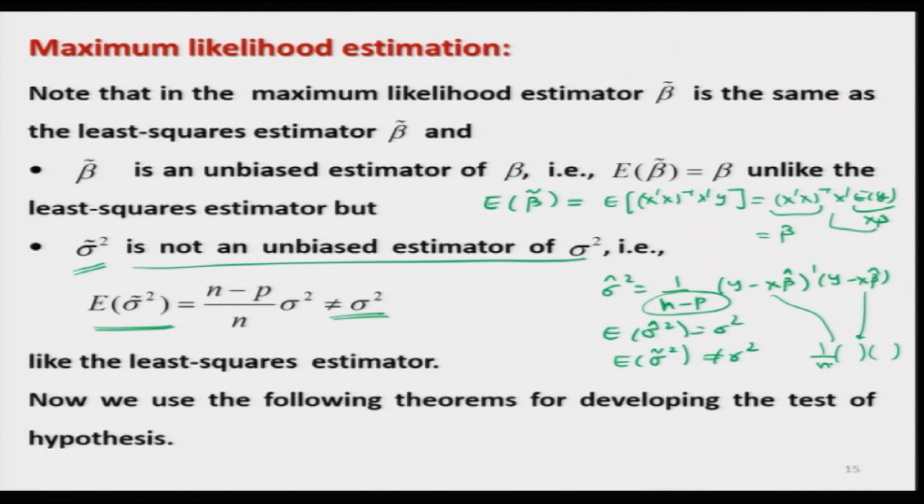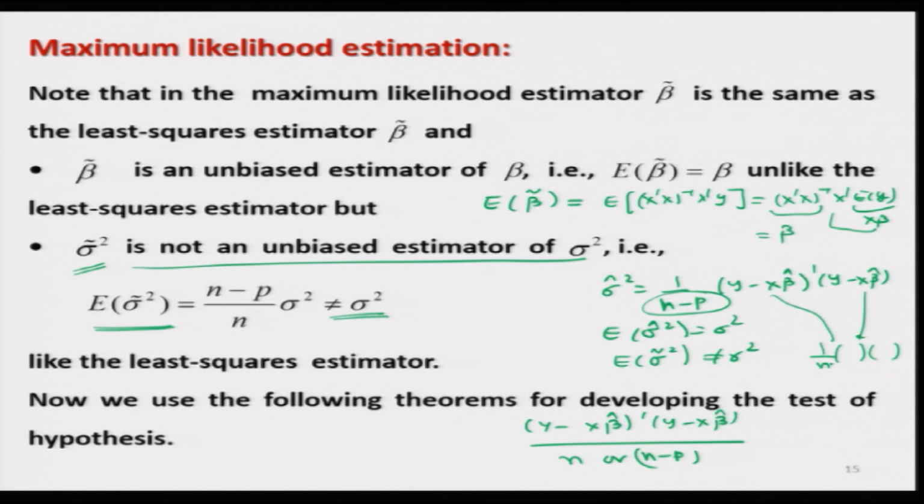But you have to remember one thing: the maximum likelihood estimators always give you an estimator which has a lower variance. You have the same quantity here, (y minus x beta hat) transpose (y minus x beta hat), and you are dividing it by n or by n minus p.